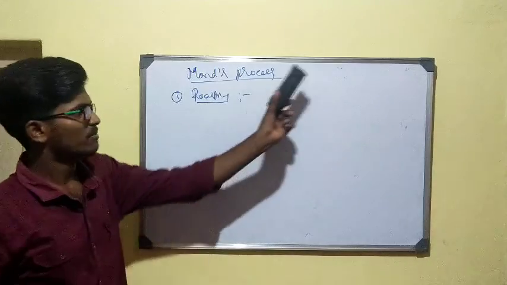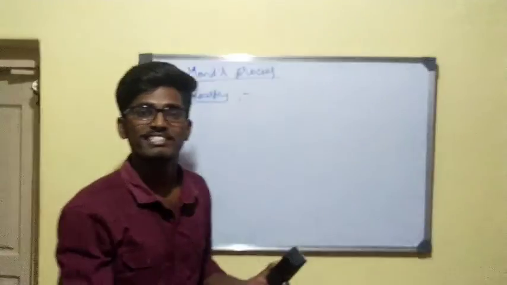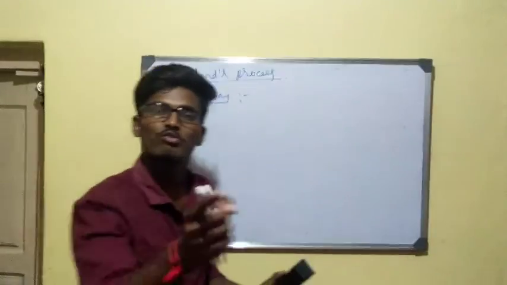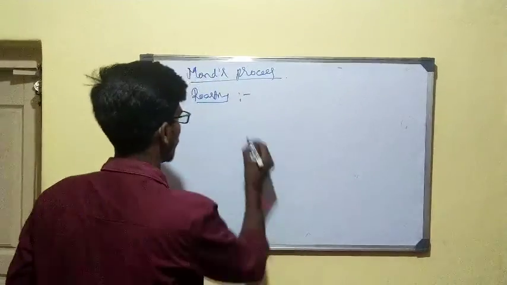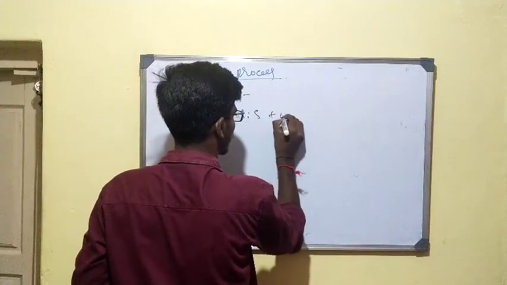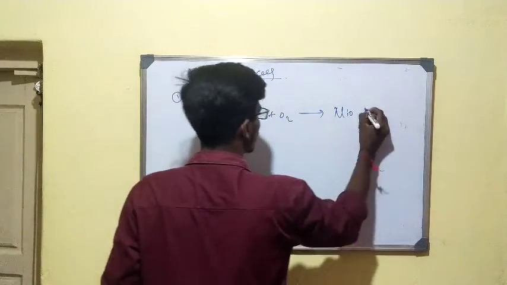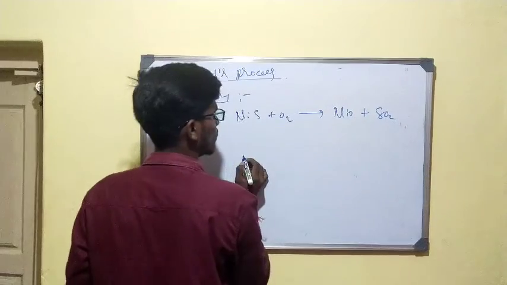When you roast that Bessemerized mixture, what are you going to get? The sulfides of nickel and copper get oxidized and lead to the formation of the respective oxides. Your nickel sulfide combines with oxygen to form nickel oxide plus SO2, right?